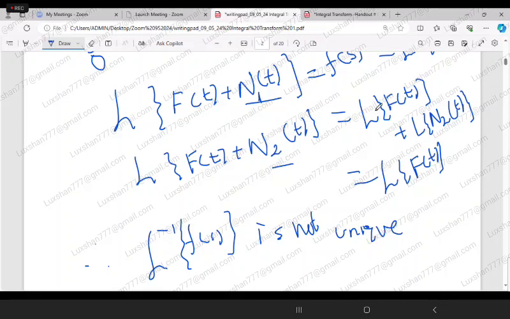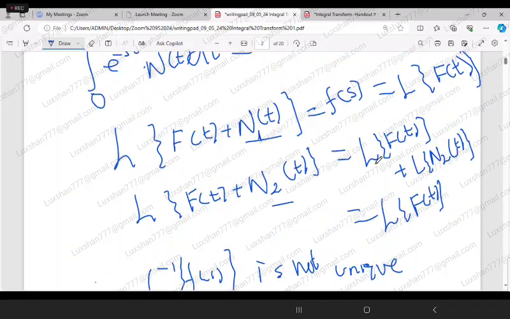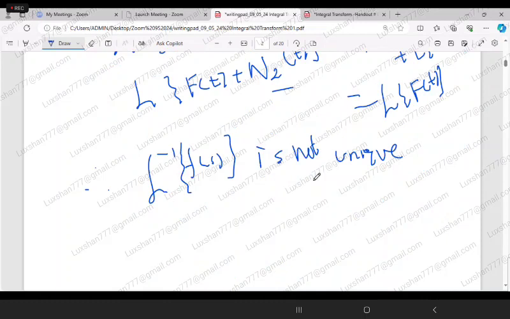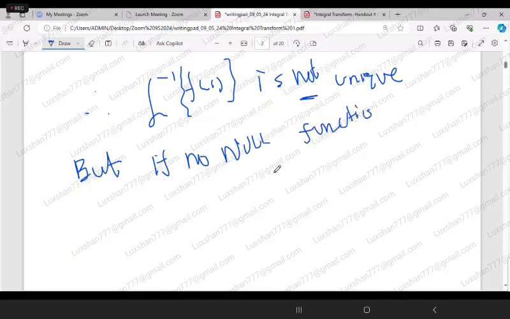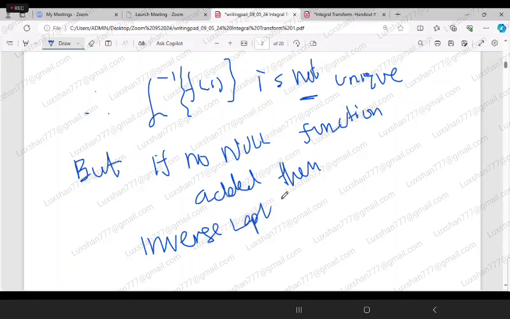Because you see, when you take the inverse of F(s), sometimes you can add n1, sometimes you can add n2. Therefore, it is not unique. But if no null function is added, then the inverse Laplace is unique.